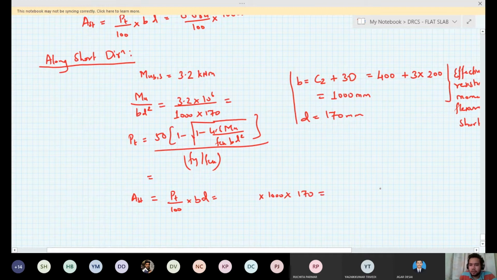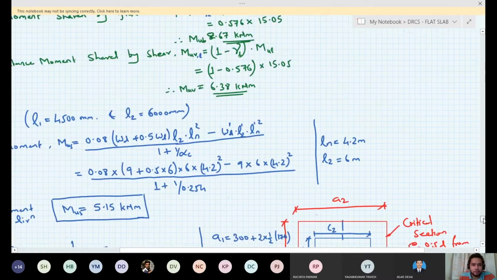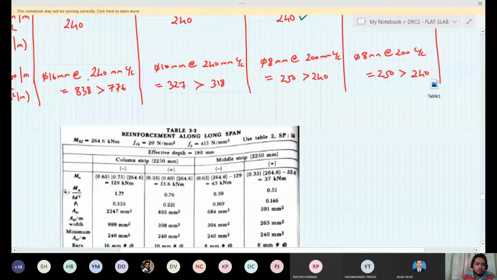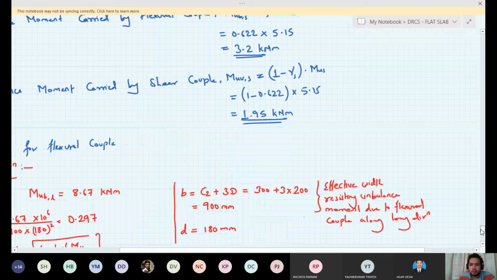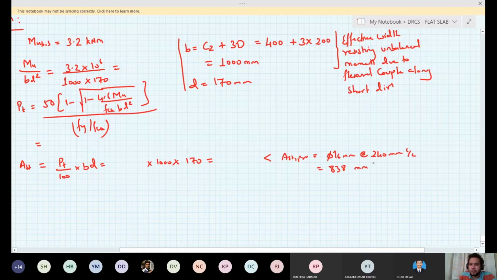And make sure that this value is less than Ast provided. Along the short direction we have provided 16 dia at 240 center to center, that is 838 mm square. Okay, so that is okay.